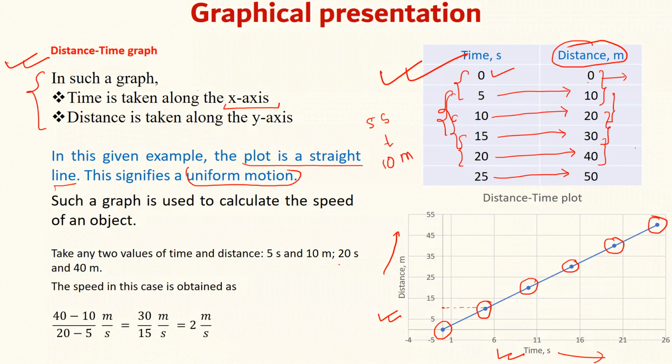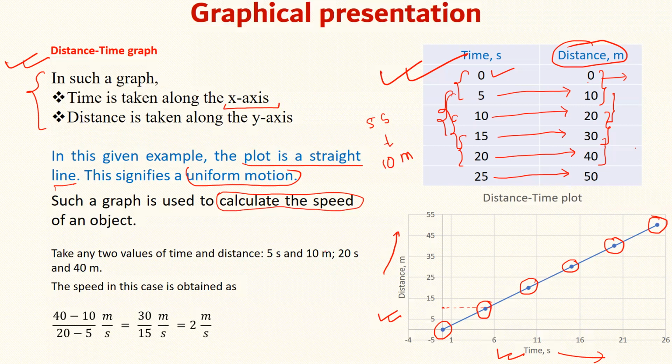This type of motion is uniform motion, and for uniform motion, we get a straight line. Such a graph is used to calculate the speed of an object. A distance time plot is used to calculate the speed of an object.